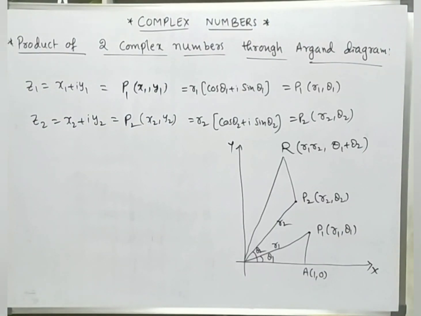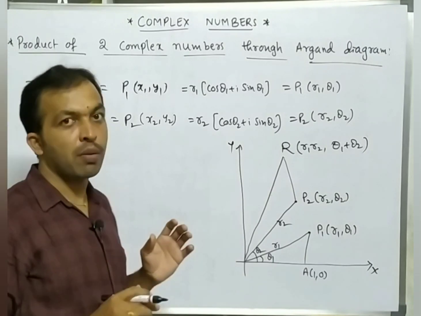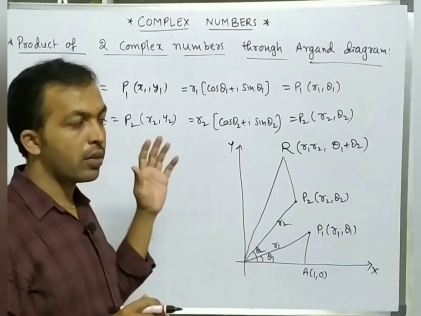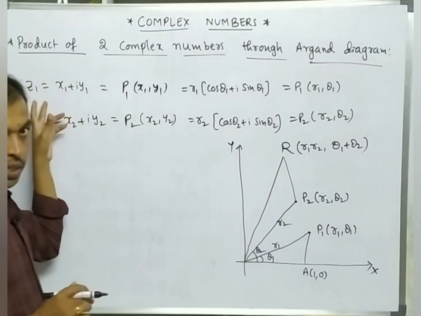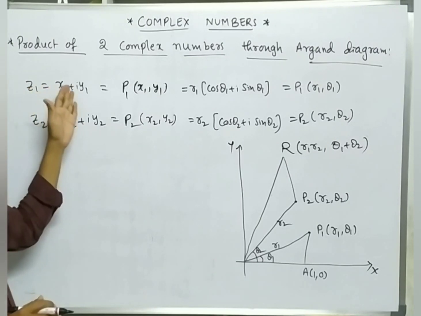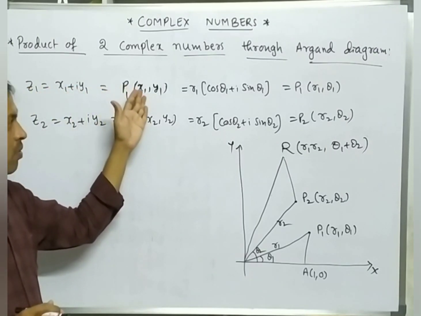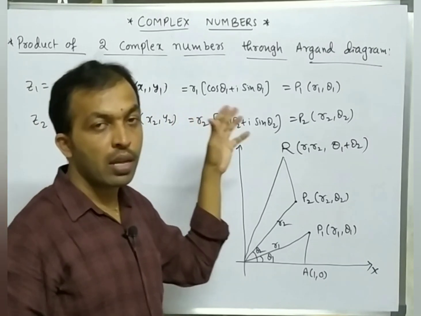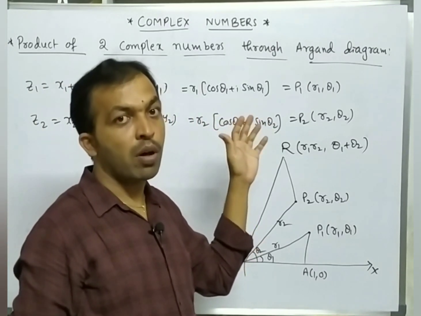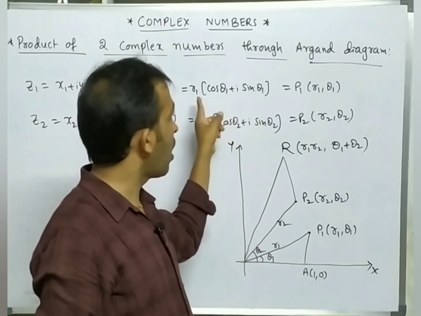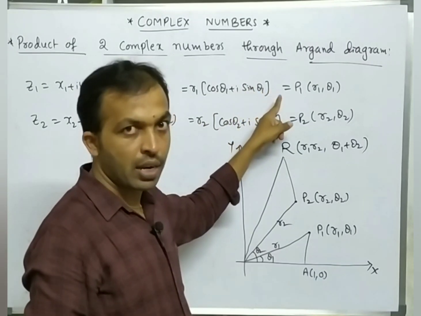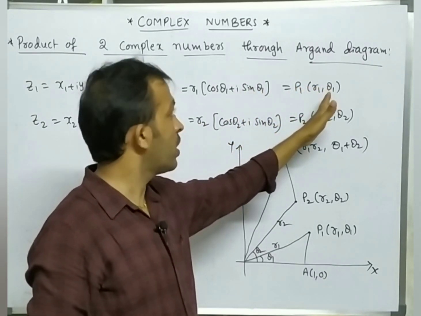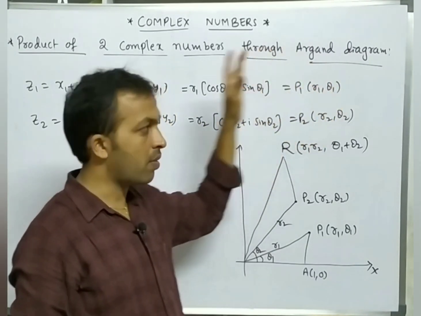So how can we represent the product of two complex numbers through an Argand diagram? Here I am taking two complex numbers, z1 is equal to x1 plus i y1, which is the point P1(x1, y1). Here I am using the polar form or modulus amplitude form, that is r1 into (cos theta 1 plus i sin theta 1), which can be represented as the point P1(r1, theta 1).